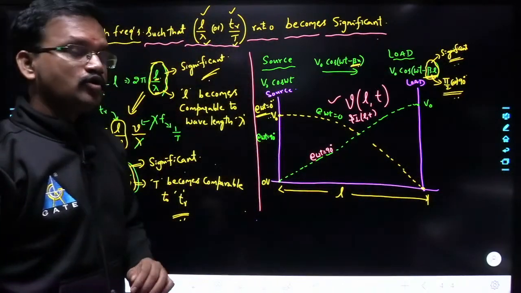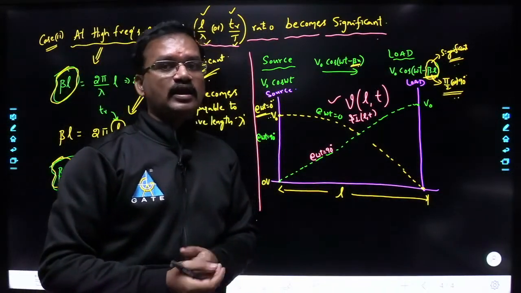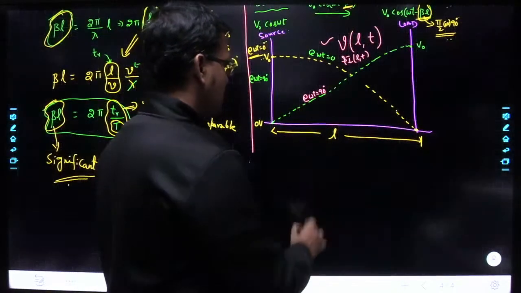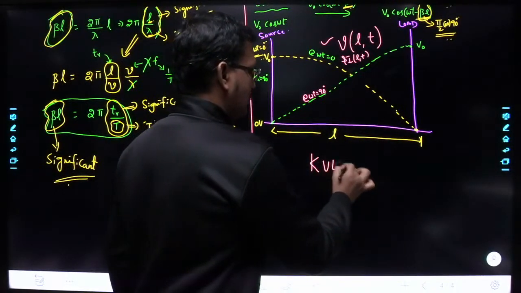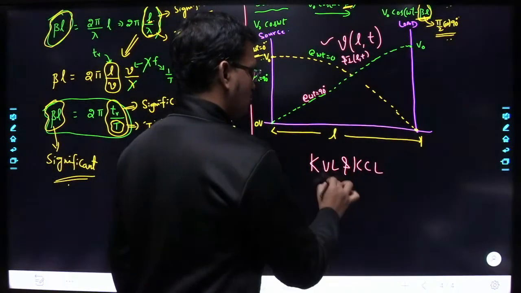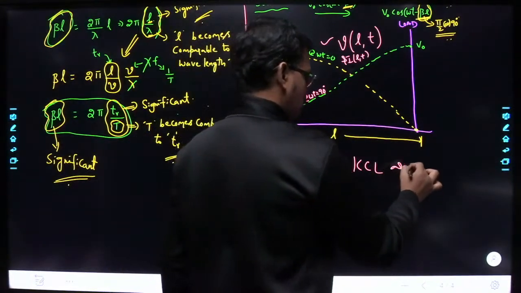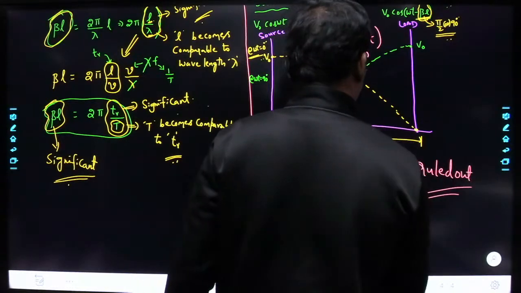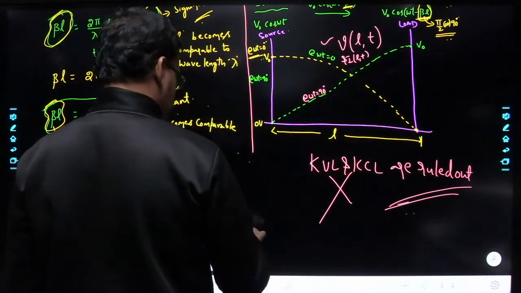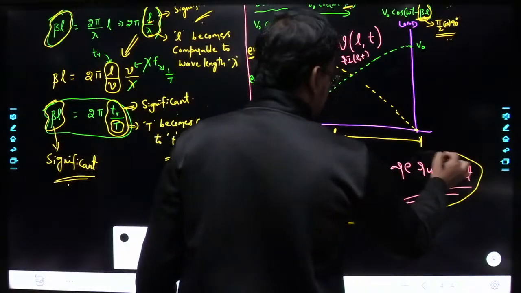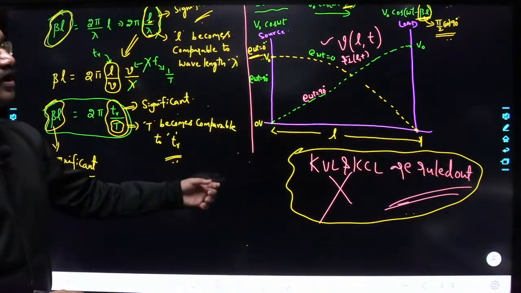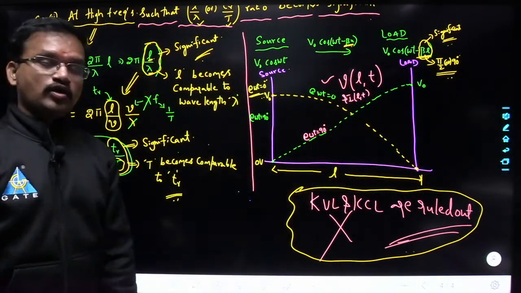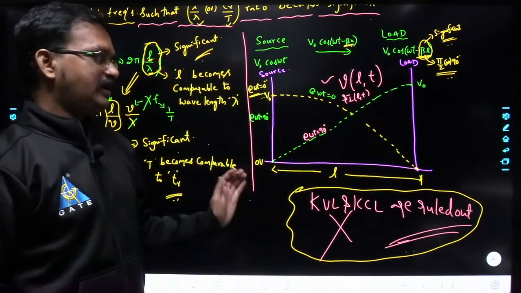And hence here you cannot apply KVL and KCL. In this case, KVL and KCL are ruled out. Once the voltages and currents become functions of both space and time, you cannot apply KVL and KCL.